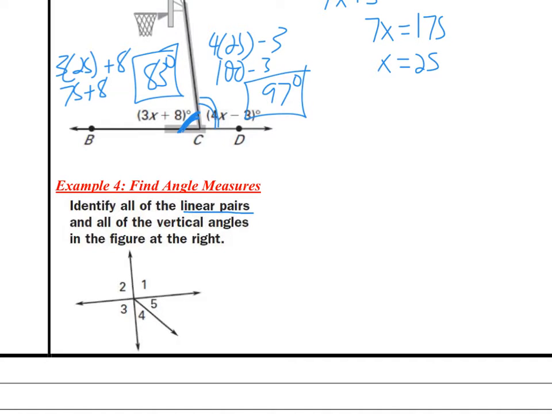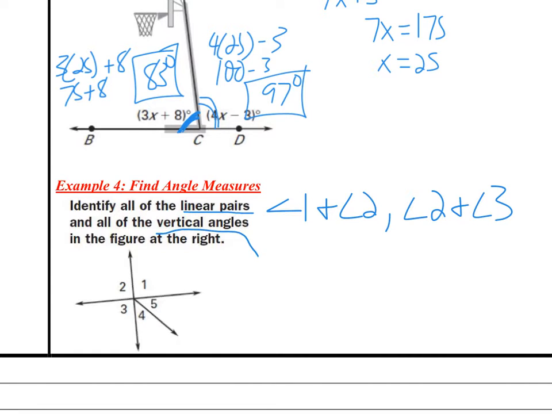So the pairs that make a straight angle would be angle 1 and angle 2. They form a line together, as well as angle 2 and angle 3 form a line together. I do not see any other pairs that form a line together, and they have to be adjacent. So 1 and 2 are adjacent, 2 and 3 are adjacent.